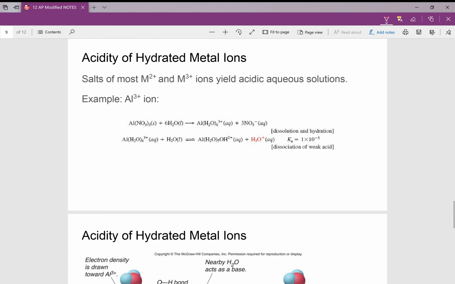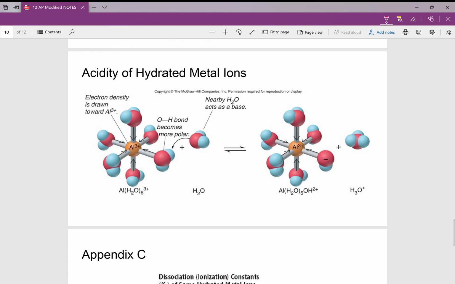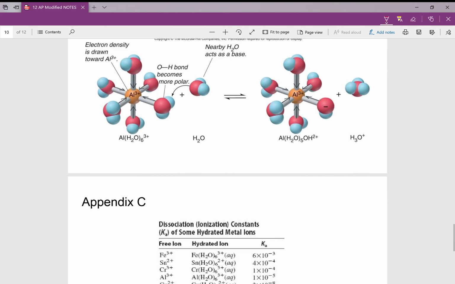The nitrate ions are aqueous as well as the aluminum ion, but it becomes hydrated, forming that hydration shell of water molecules, and as it proceeds, one of those water molecules is able to get that hydrogen removed because of that distortion from the aluminum, again creating hydronium. And then this is a chart that illustrates that as well, to help you visualize it, that you can pause and look at.